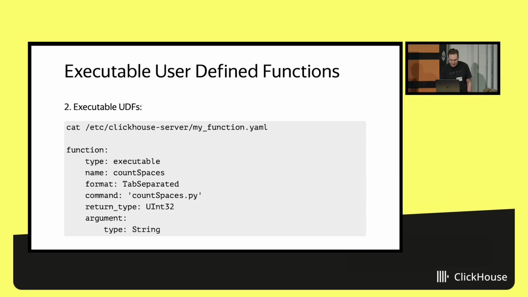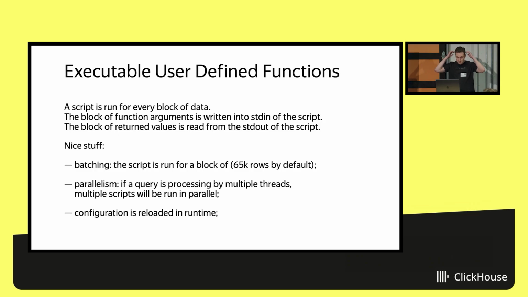And it works. So the script will be invoked for every block of data. It will be serialized and written to standard input. The block of returned values will be read from the standard output and deserialized.